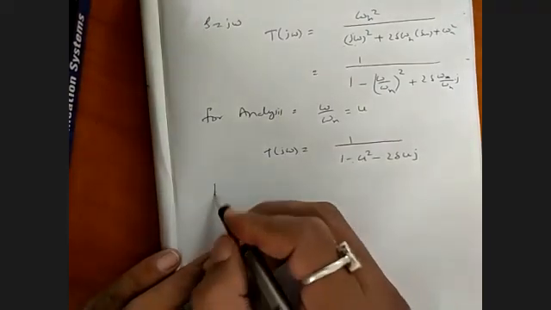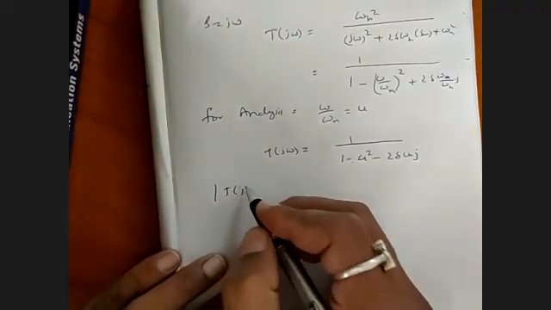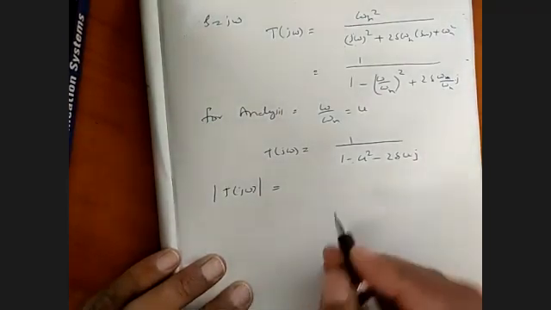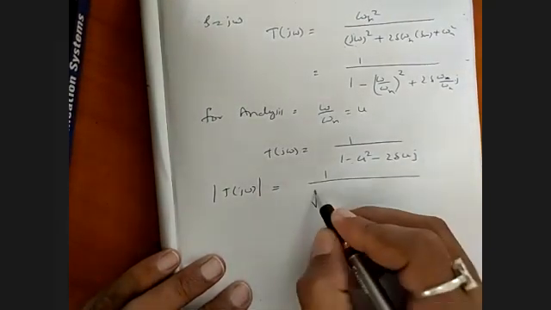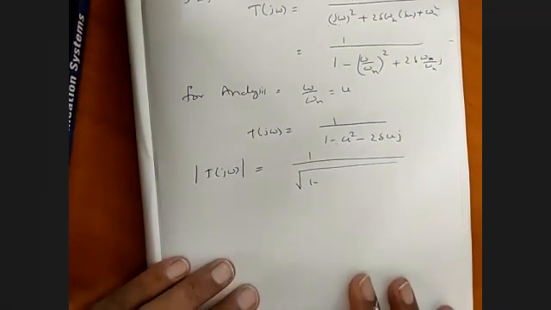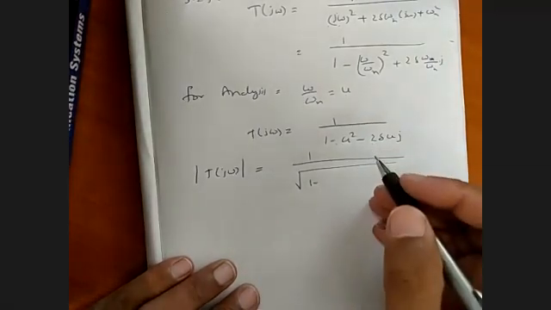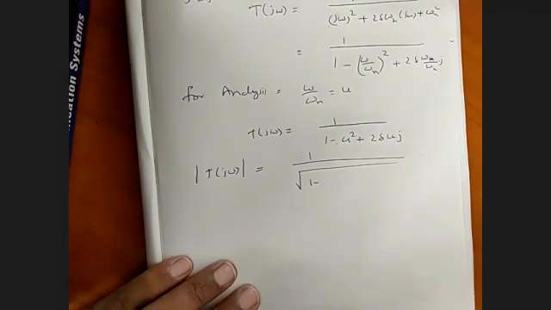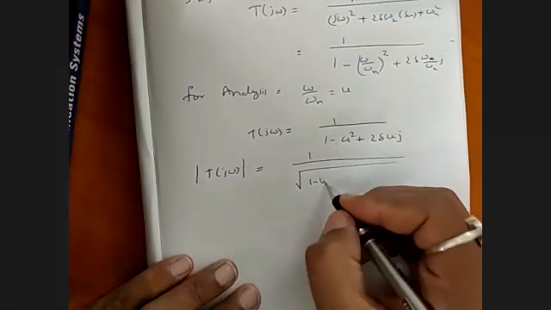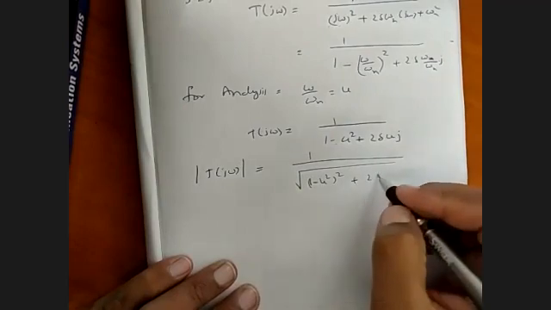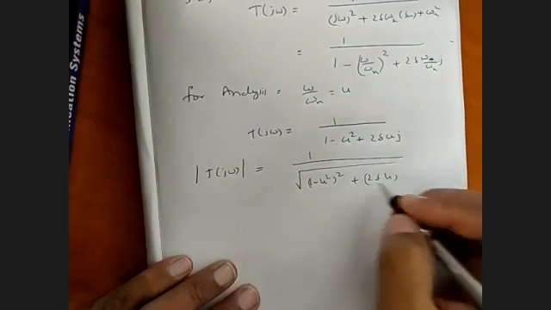So now we have to find out the magnitude of T(j omega). So magnitude of T(j omega) will become 1 upon under root. Student: Sir, will it be minus or plus below? Plus. Yes sir. So 1 minus u square whole square plus 2 delta u whole square.